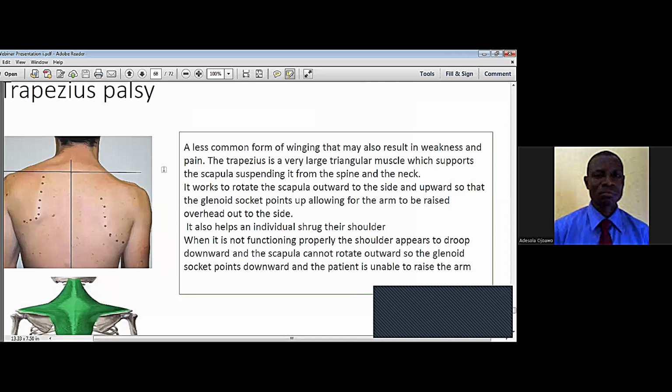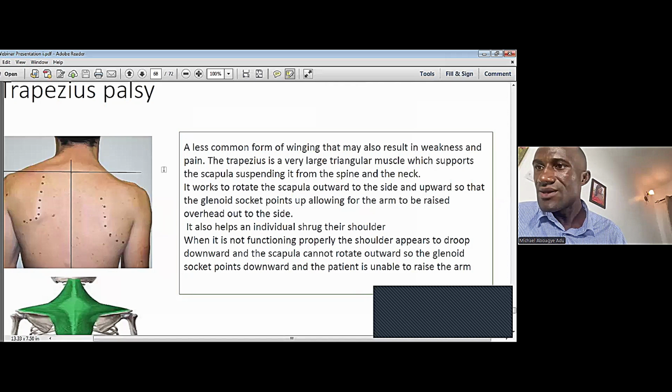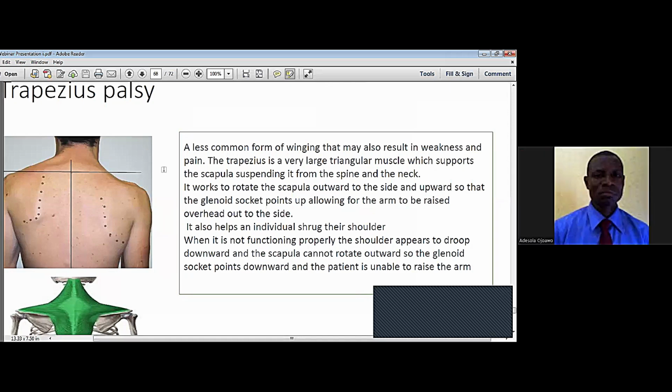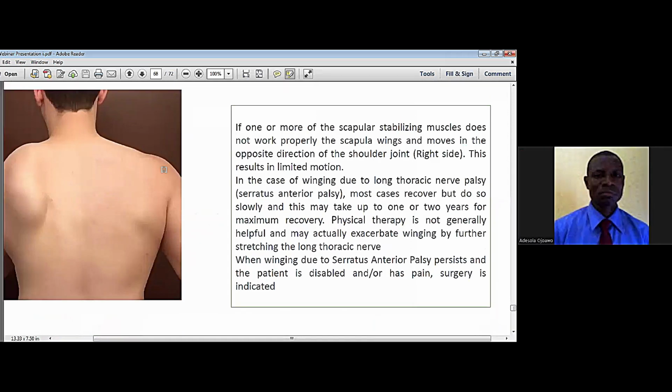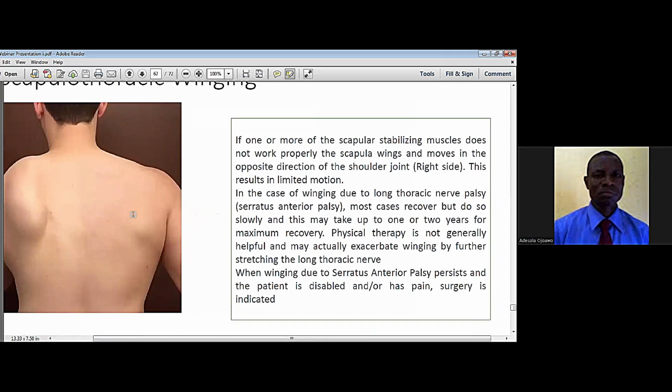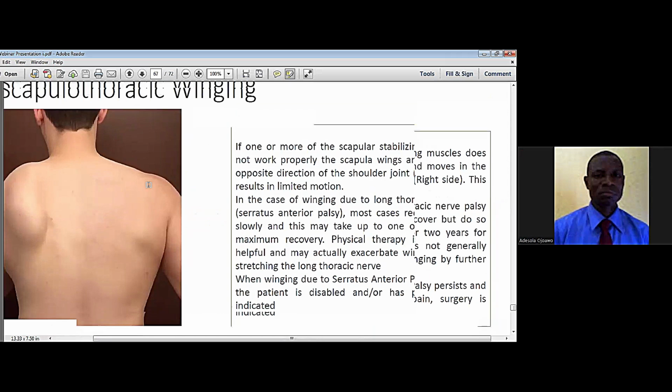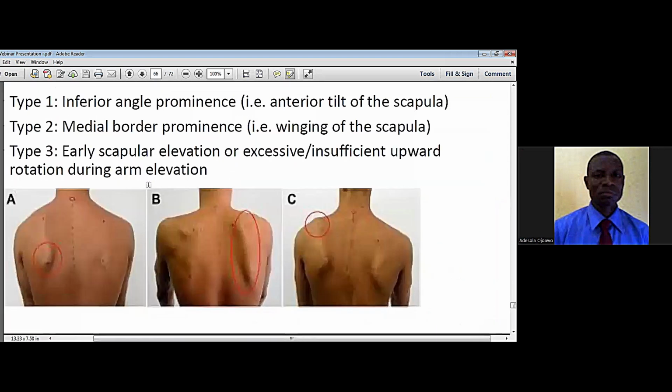Which specific joint is he talking about? I think he's speaking in relation to the quadrilateral space. Which space is that? Is it of the pathophysiological joint or glenohumeral joint?